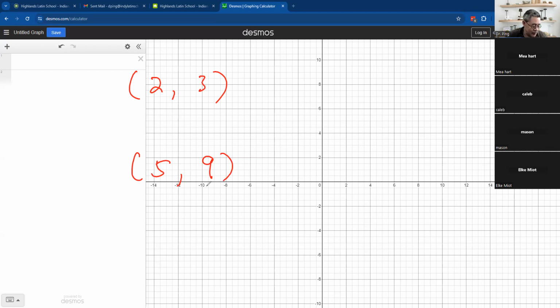Yeah, so this time write out the function, okay?